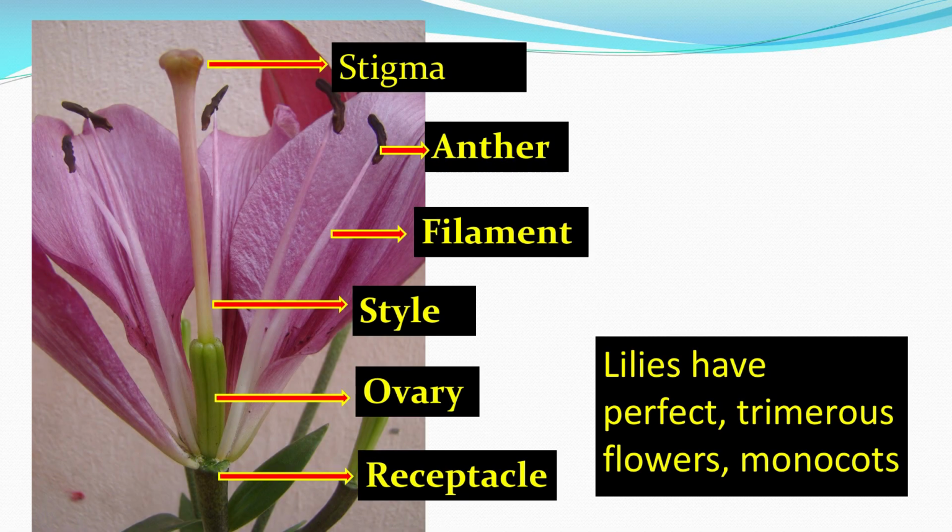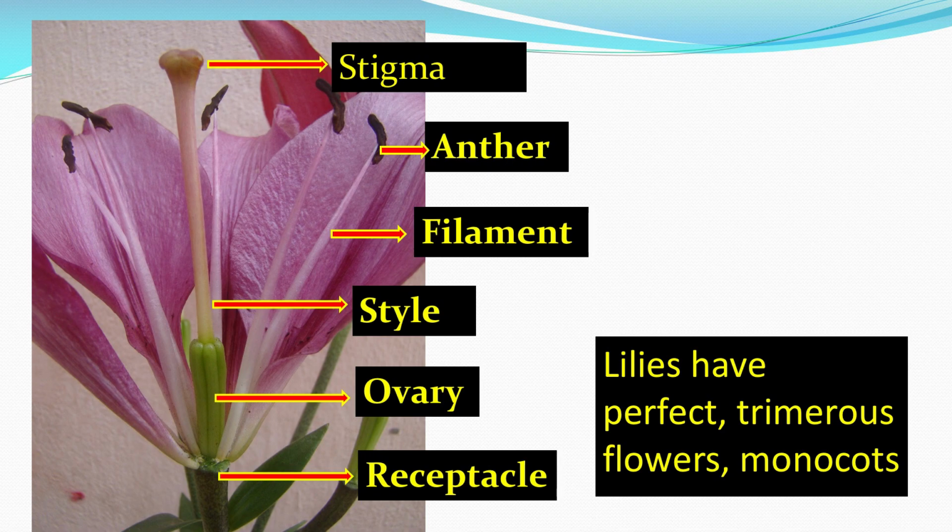This one is Lilium, a lily, and you can see this is a trimerous flower. Hopefully it is well visible; it has a good, fleshy receptacle, and I have removed some of the tepals so that you can see the point from which all the tepals arise.